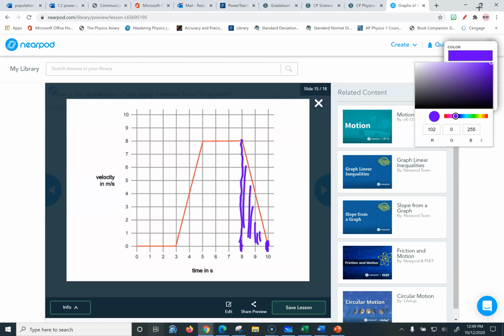So figure out your acceleration in this time interval. Hopefully you see that it's a negative slope, so you should be anticipating a negative number for your acceleration. So that's a hint. Pause your video and click it back on when you are finished.